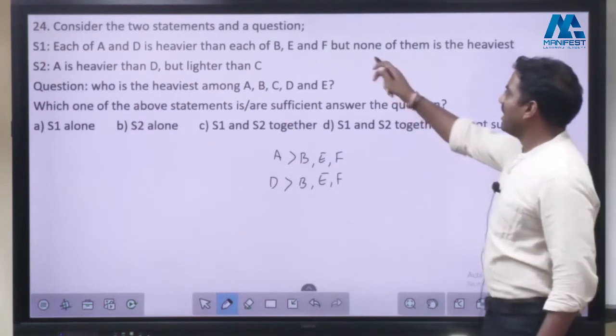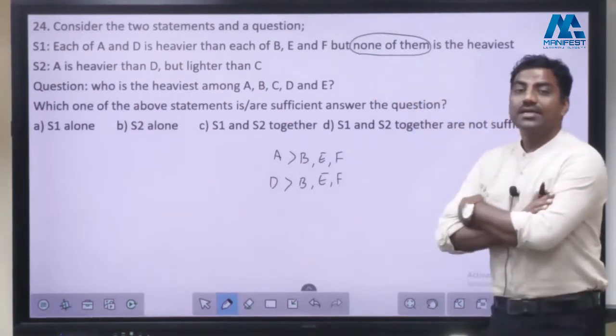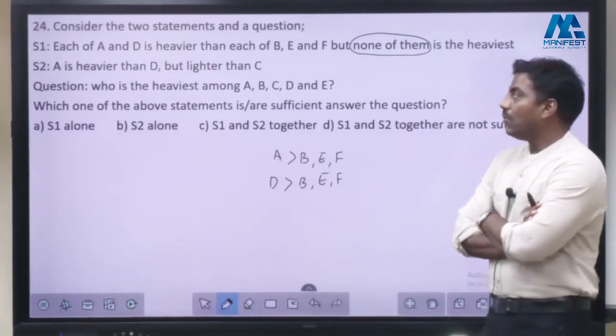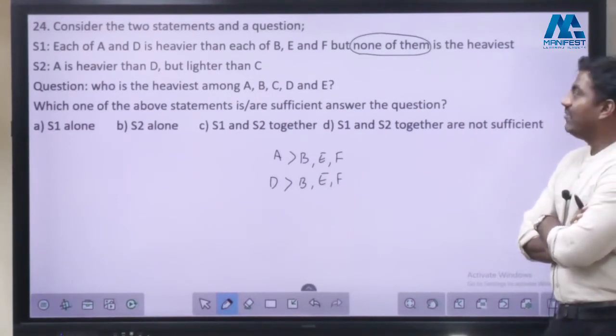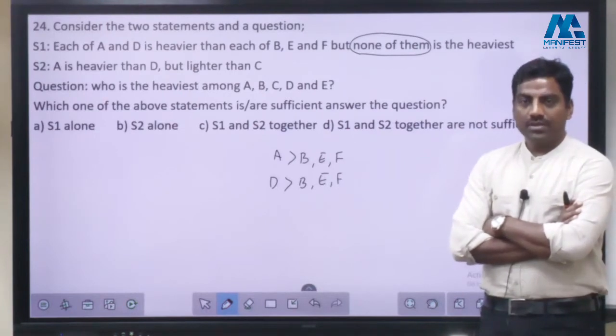When they say none of them, they are talking about whom? A and D. So among A and D, none of them is the heaviest. Anyways, they are heavier than B, E, and F also.